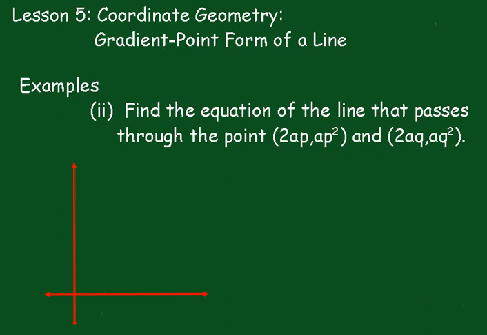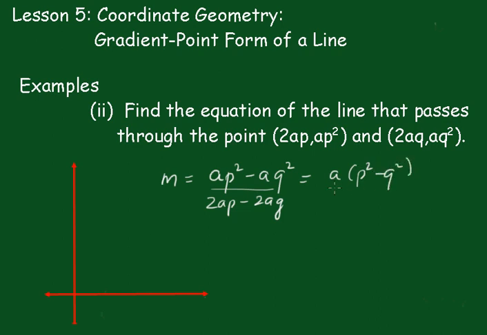Alright, example 2, an algebraic one. Find the equation of the line that passes through the point 2ap, ap squared, and 2aq, aq squared. Now going on as before, looking at the gradient, we're going to have m equals difference in the y values, ap squared minus aq squared over 2ap minus 2aq, which is a outside of p squared minus q squared, all over 2a into p minus q.